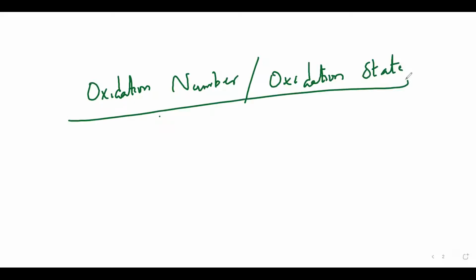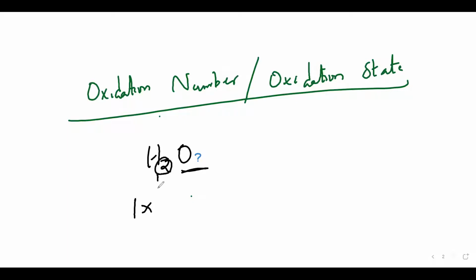So if I'm taking water, let me take an example here, water, correct? If I want to find the oxidation number or oxidation state of oxygen here, how do we do that actually? Hydrogen, we know the number of electrons in the outermost shell of hydrogen is 1, correct?